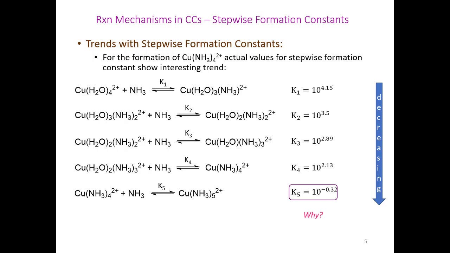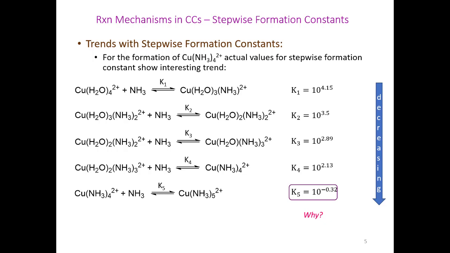So why is that? Well, you actually have all of the knowledge already to be able to attempt answering this question. As always, you want to start with what is the d electron count on the copper 2? Copper 2 is a d9 complex.